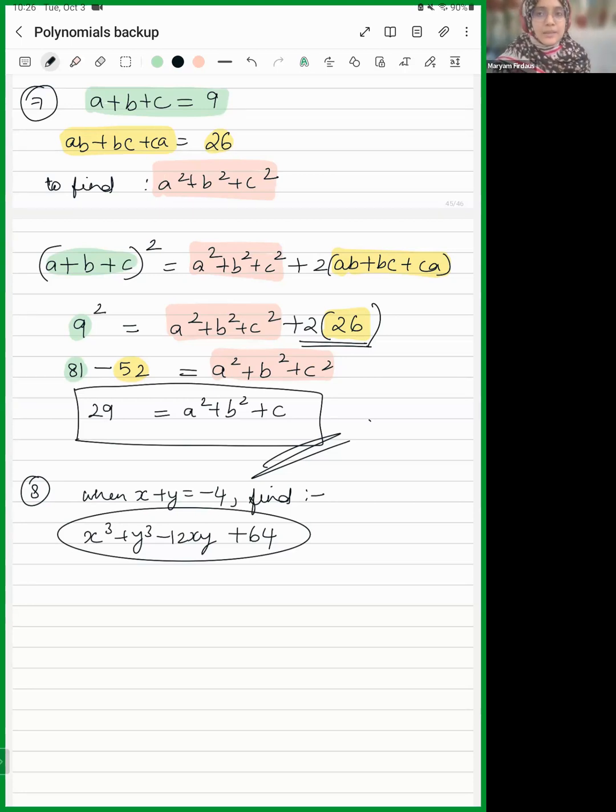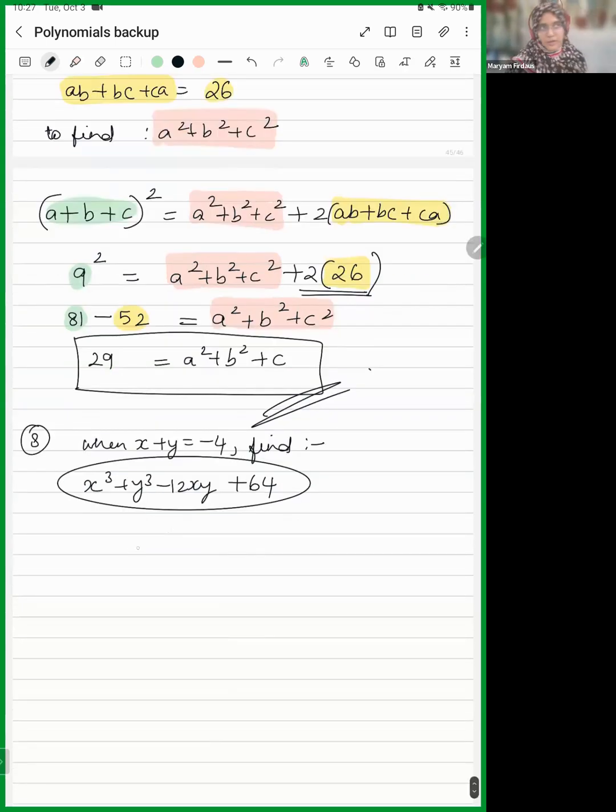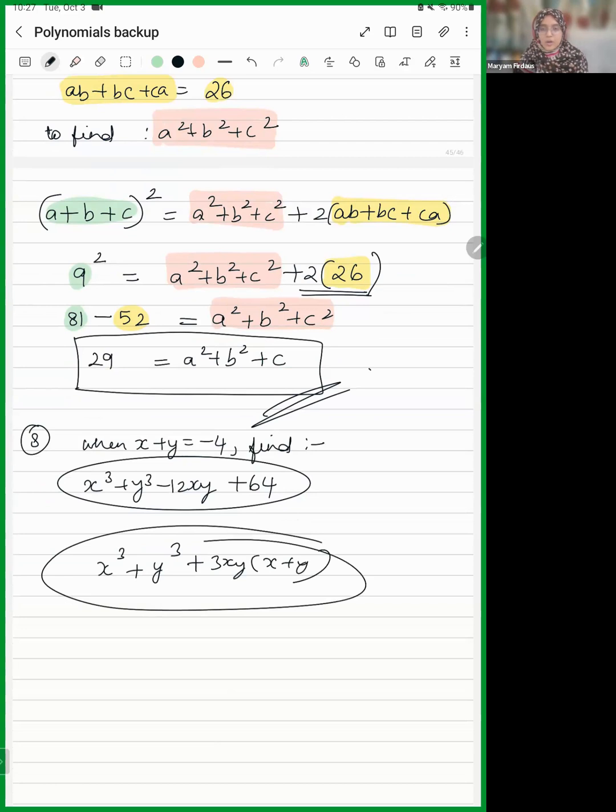But if it is plus, do you remember, Preshita, that the formula we had for plus was x cube plus y cube plus 3xy into x plus y. Everything was plus. There is not a single minus when it comes to x plus y whole cube.